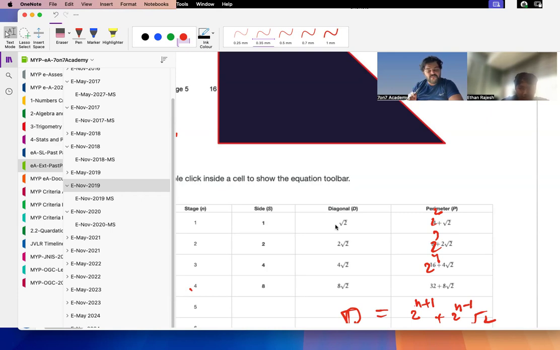Then, for example, if I take stage 4, I inserted 4.